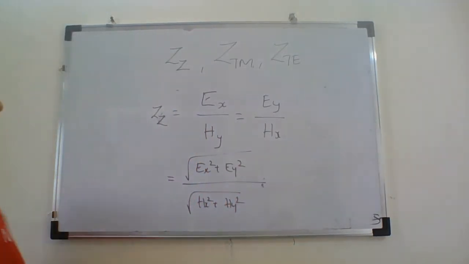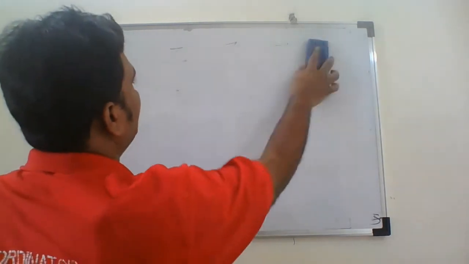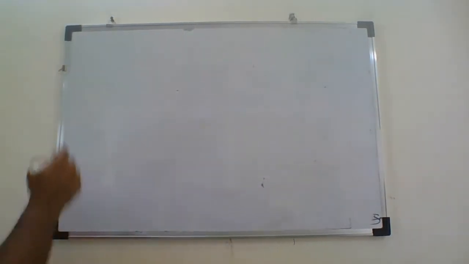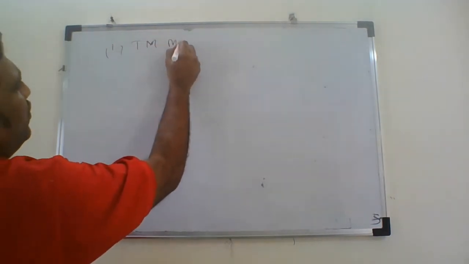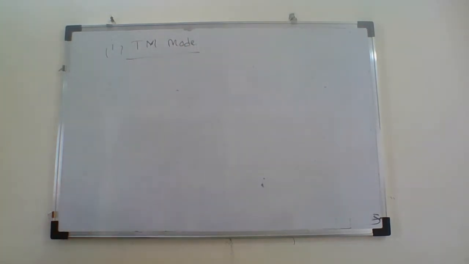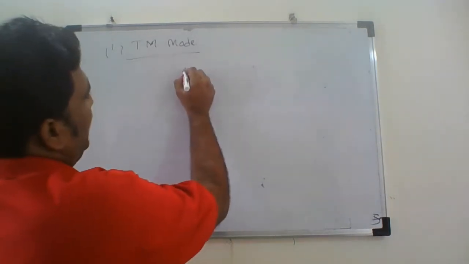Now let us calculate this wave impedance for the transverse magnetic and transverse electric cases. First, the transverse magnetic case, TM mode. What is the wave impedance for a transverse magnetic wave?